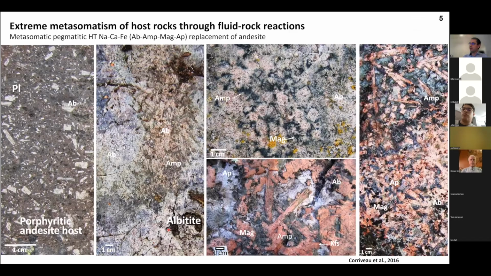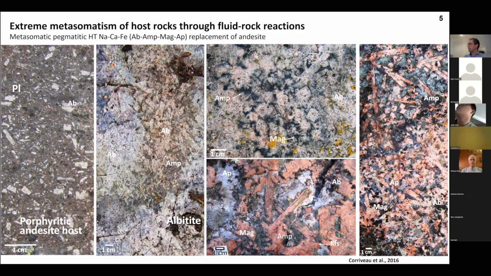For the metasomatism, I think this provides a good example of how extremely strong fluid-rock reaction can completely transform the mineralogy and also composition of a rock. So starting with the porphyritic andesite and then circulating fluid into that andesite. As this fluid circulation is happening, the composition of this original andesite, but also the texture of the andesite, are becoming progressively more destroyed to the point where we have pseudopegmatitic textures.